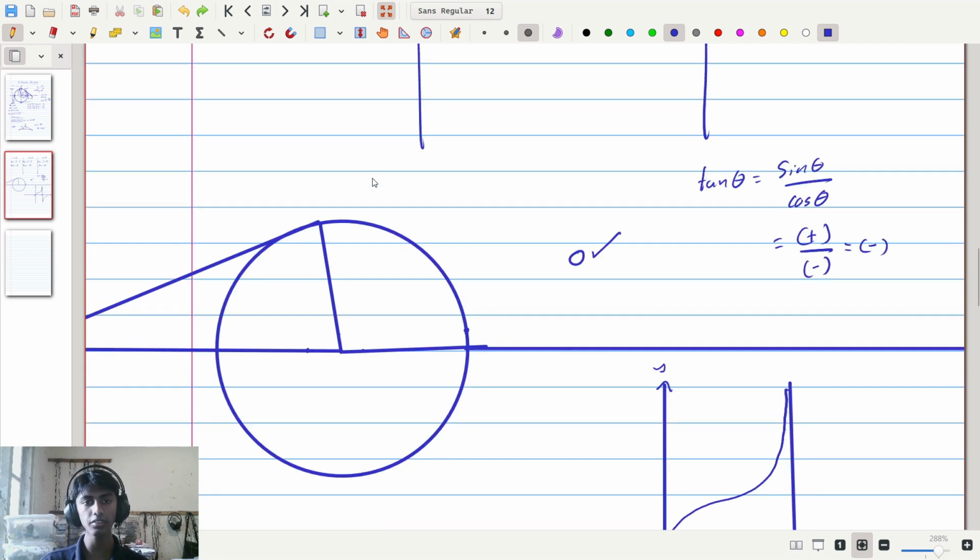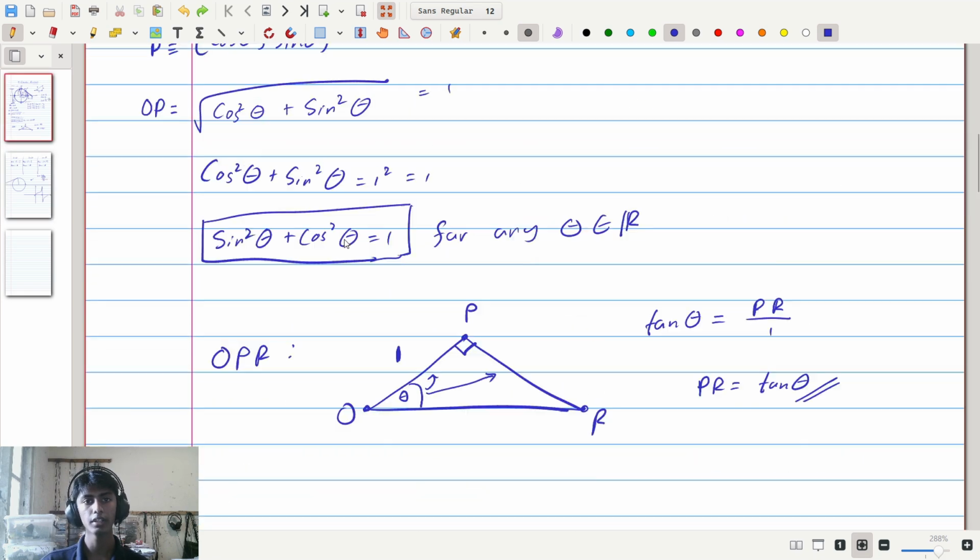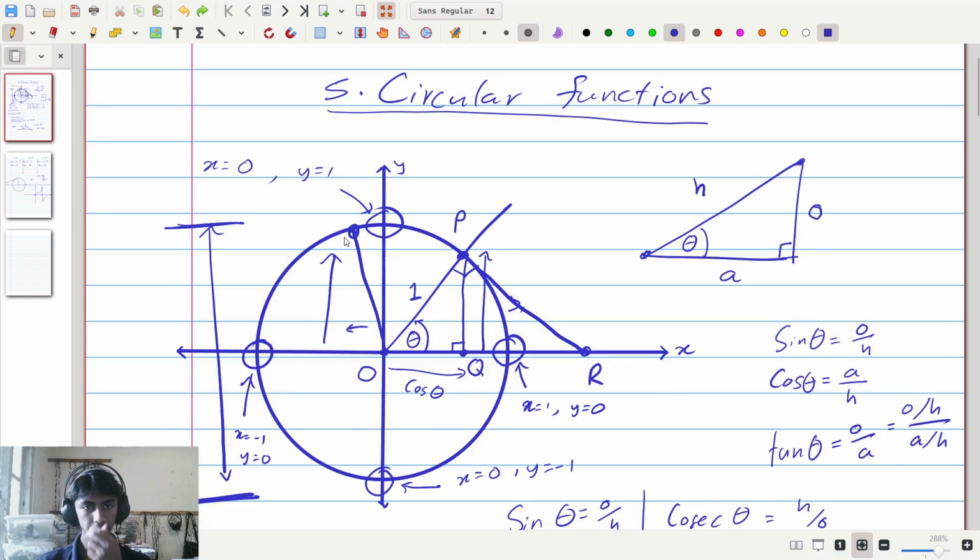We can easily see this if we consider the unit circle. The x-axis coordinate is cosine theta, and cosine theta is 0 at this point here. X is 0 at this point and this point. And these points occur when we have 90 degrees plus some multiple of 180 degrees.